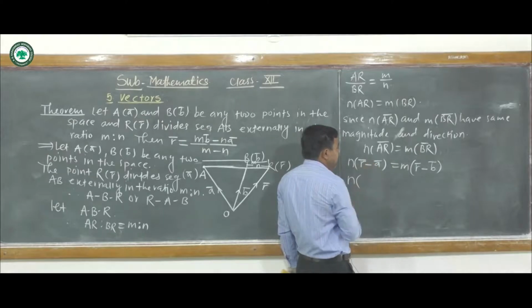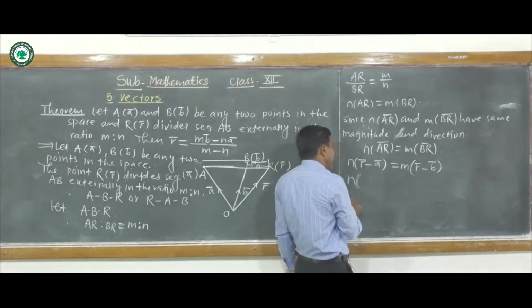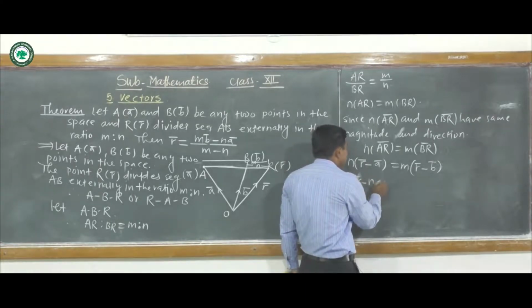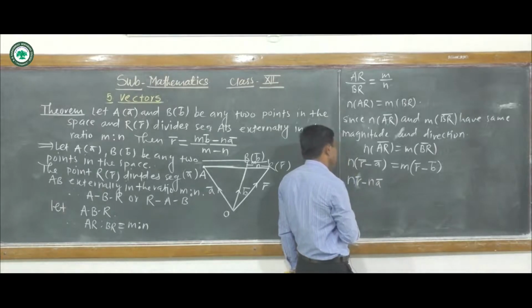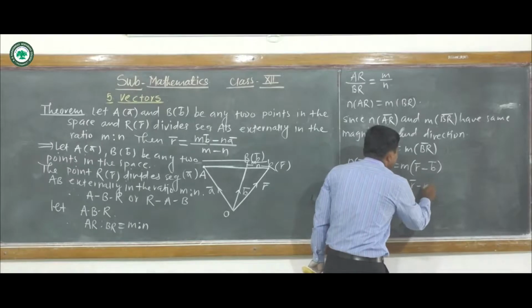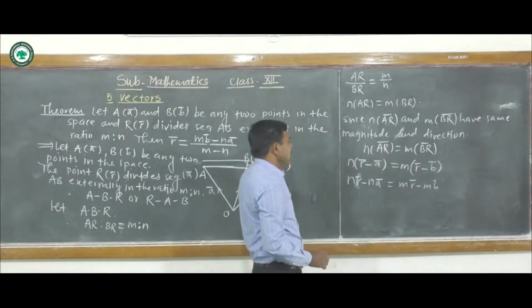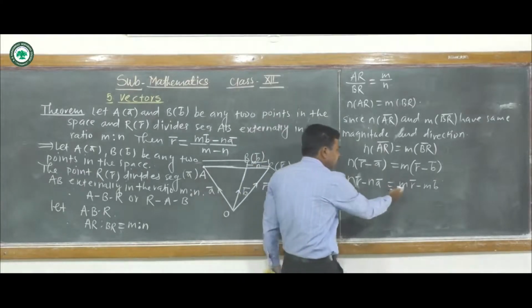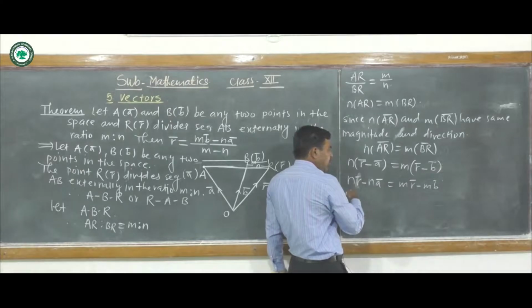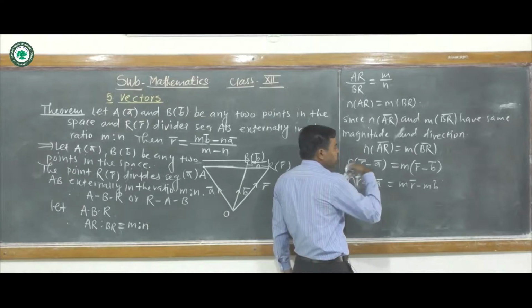So here n into R bar minus A bar. So multiply this bracket by n. So n into R bar minus n into A bar is equal to m into R bar minus m into B bar. Now see here, shift this m into R bar to left hand side and minus n into A bar to right hand side.